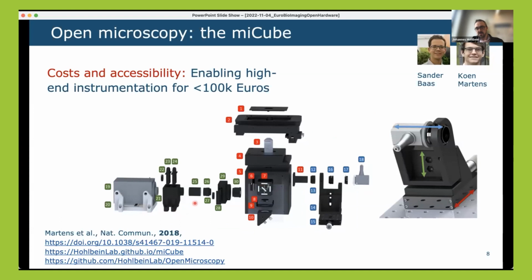And our idea was to limit the degrees of freedom. Yeah, so we didn't want to do something which can do everything, but we wanted to narrow it down so that it can do, for example, super resolution microscopy easily and to a good extent.